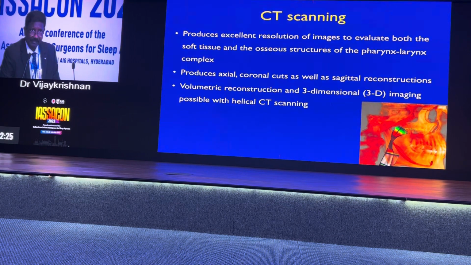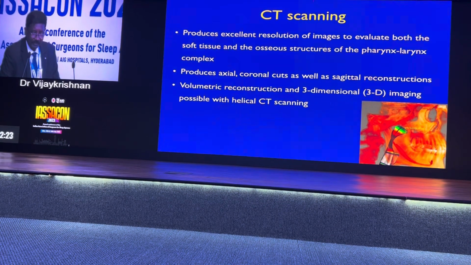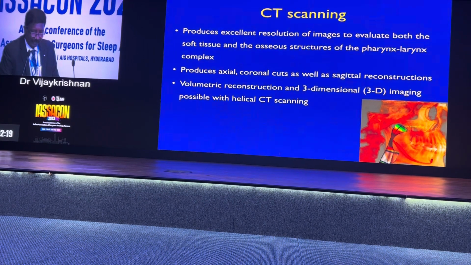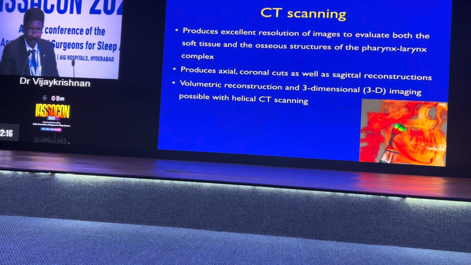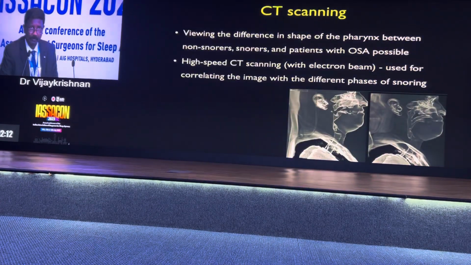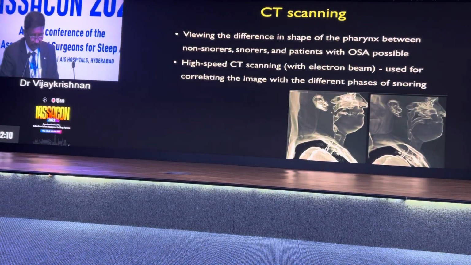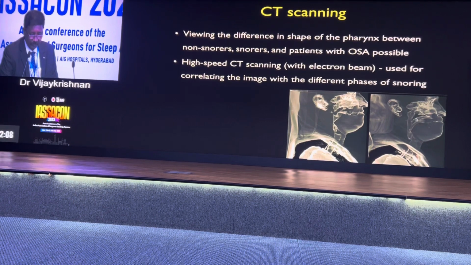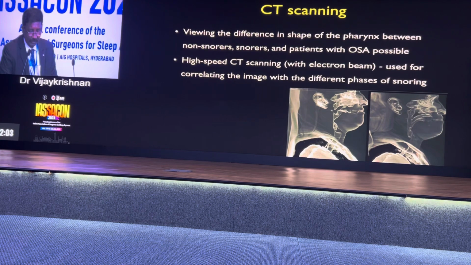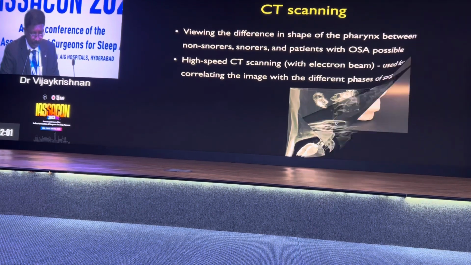CT scan, yes, it produces excellent resolution of images to evaluate both the soft tissue and the osseous structures. It produces axial, coronal and beautiful sagittal reconstructions. Volumetric reconstruction and three-dimensional imaging are also possible. Here you can see how the airway is during regular breathing and how it gets obstructed during snoring and OSA.